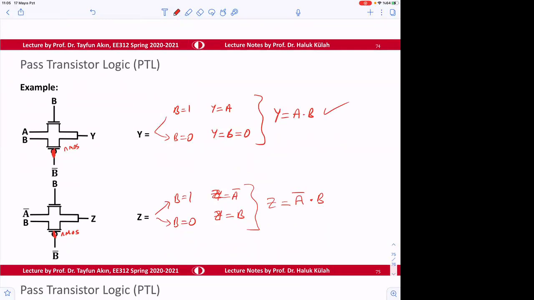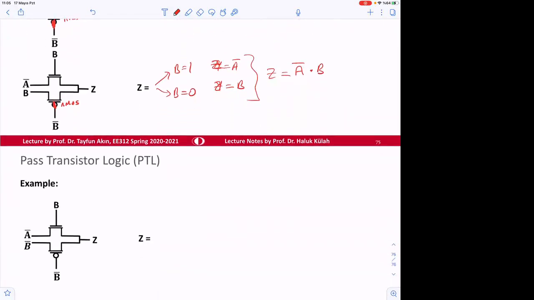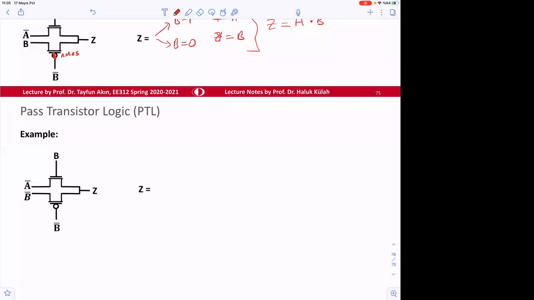So with the switch, there is also a possibility of making this logic or different types of logics. When we look at this, let's say this is again NMOS. Here, when B is equal to 1, then this NMOS is going to be on, but this one is going to be off.